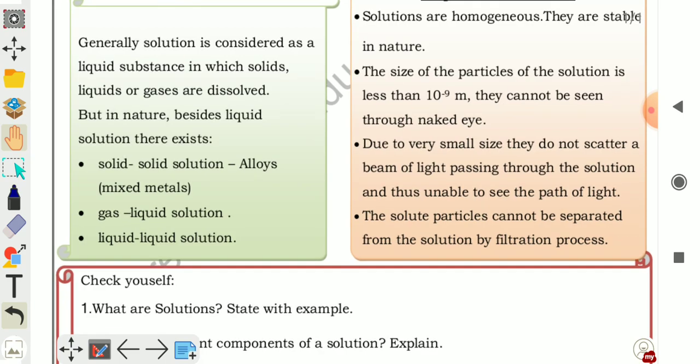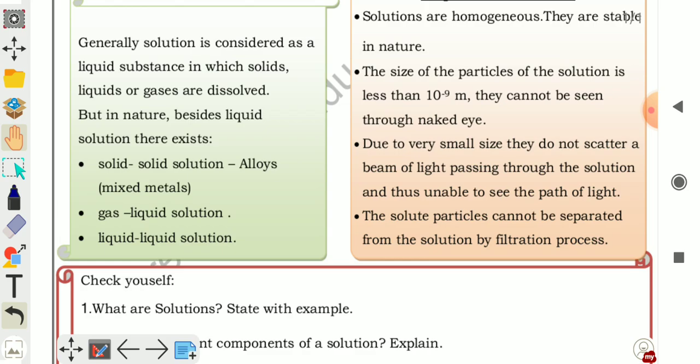Now, generally a solution is considered as a liquid substance in which solid, liquid and gas are dissolved. Generally we understand that solutions are the liquids in which solid, liquid and gases are dissolved. But in nature, besides liquid solution, there exists solid solution, where we dissolve a solid substance in a solid. A solid solution example is alloys, which are homogeneous mixtures of metals.